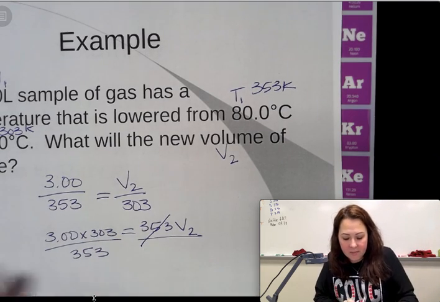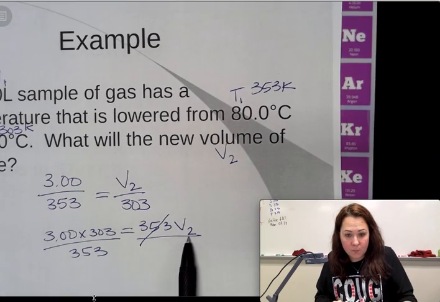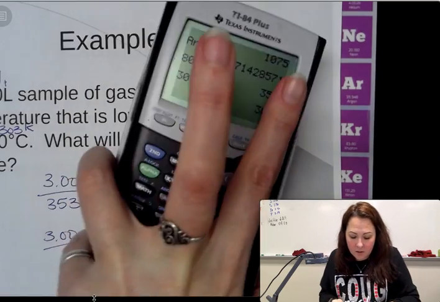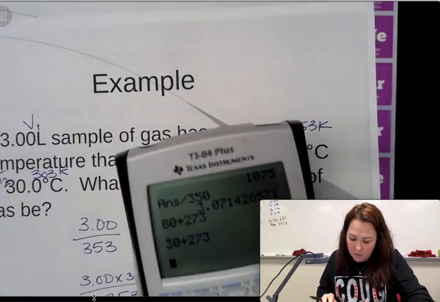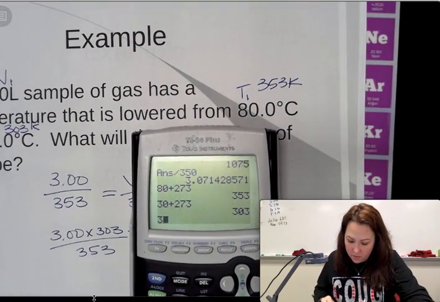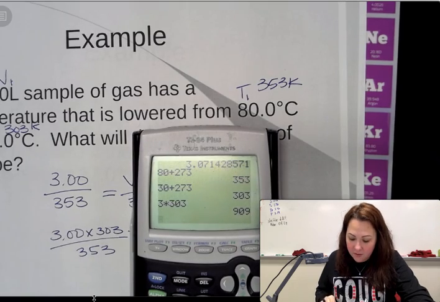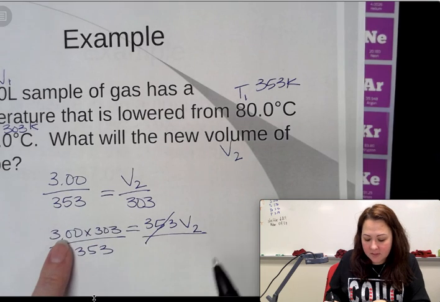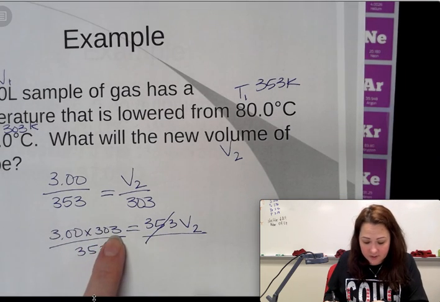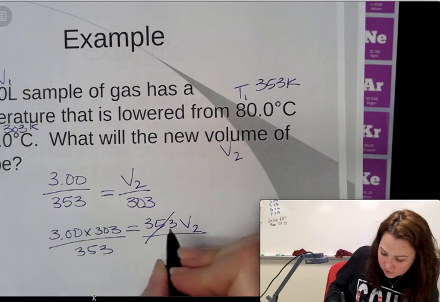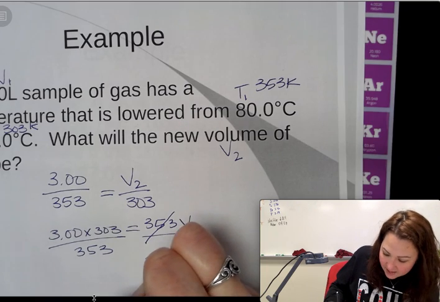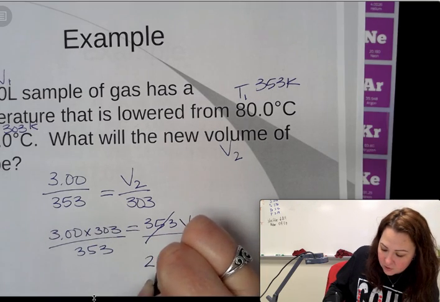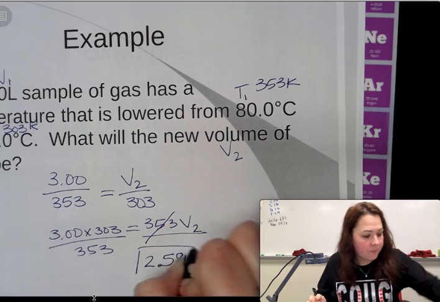So now I just need to get my calculator to solve for V2. So here I'm going to take 3 times 303 divided by 353. Here I have 3 sig figs, 3 sig figs, 3 sig figs. So my answer is going to have 3 sig figs, 2.58. I'm solving for volume, so my unit is liters.